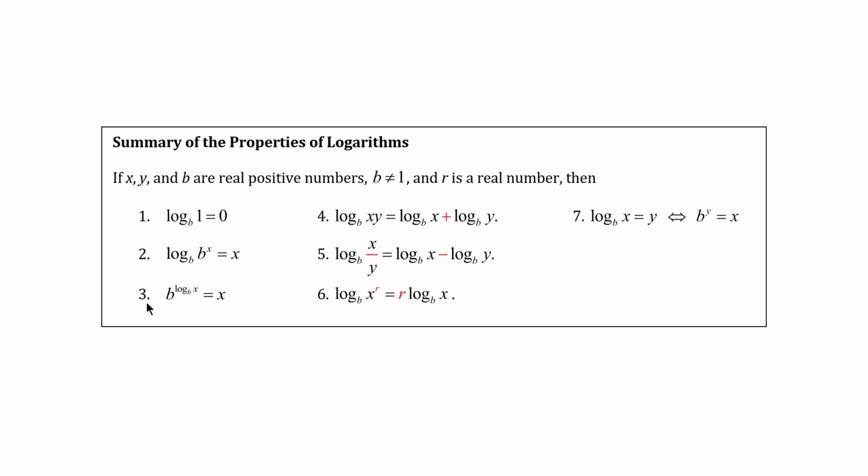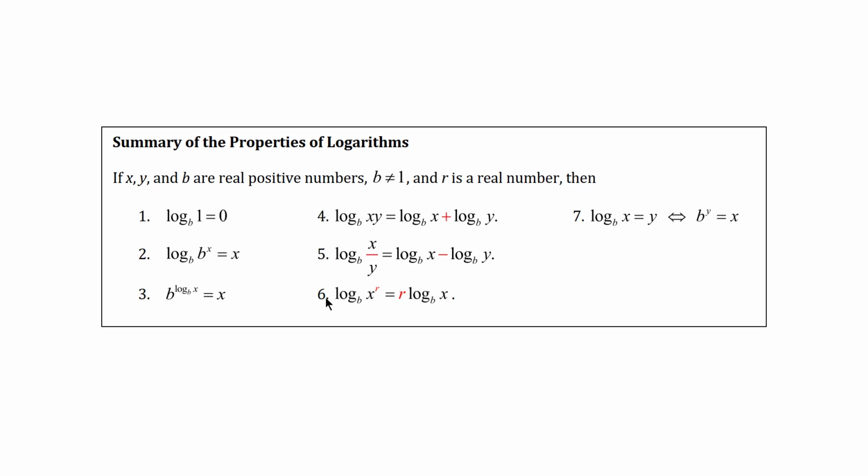For number 3, we have b to the log base b of x power equals x. For number 4, we have the product property, log base b of xy equals log base b of x plus log base b of y. For number 5, we have the quotient property, log base b of x over y equals log base b of x minus log base b of y.